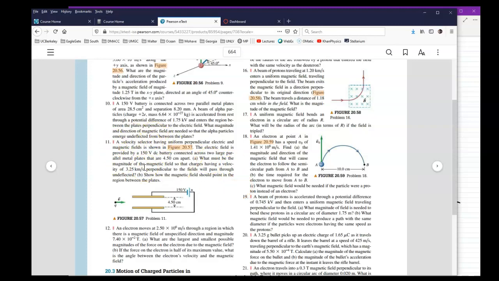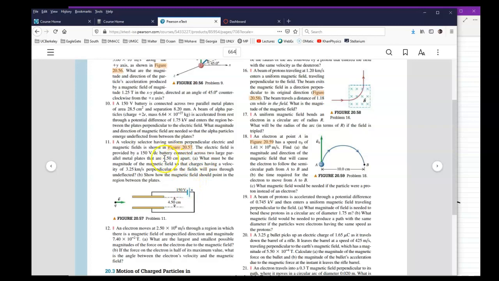He says, a velocity selector, I'm going to tell you what that means in a sec. He said a velocity selector having uniform perpendicular electric and magnetic fields as shown in the figure. Okay, those 2 yellow bars are a velocity selector. It's not a capacitor. Kind of similar to a capacitor, but it's not quite. The electric field is provided by a 150 volt DC battery.